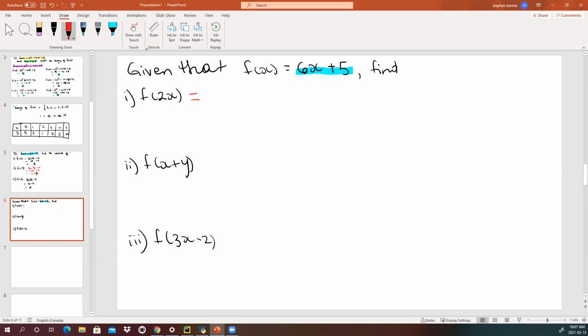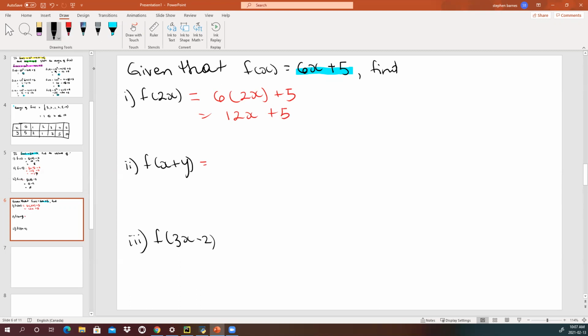So 2x is now our domain value. So we're going to use that anywhere we see x in the function. So we have 6, we're going to put 2x here, plus 5. 6 times 2x is 12x plus 5. Simple as that, right?